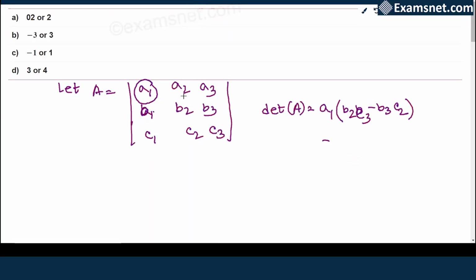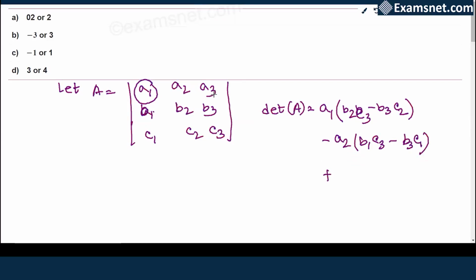We always find the value of the determinant with respect to a particular row or a particular column. This time we are finding the determinant of A with respect to the first row. A2 is the next element. Skip the row and the column which contain A2, so we get B1 C3 minus B3 C1. The signs are plus, minus, plus.